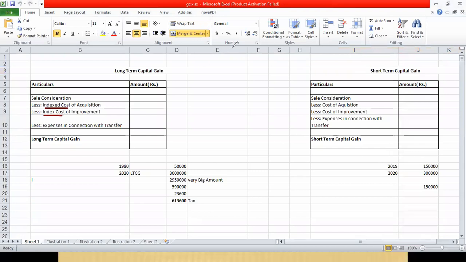In short term, we are directly reducing the cost, but in long term, we will have to calculate indexed cost and then calculate long-term capital gain. So this is the difference.